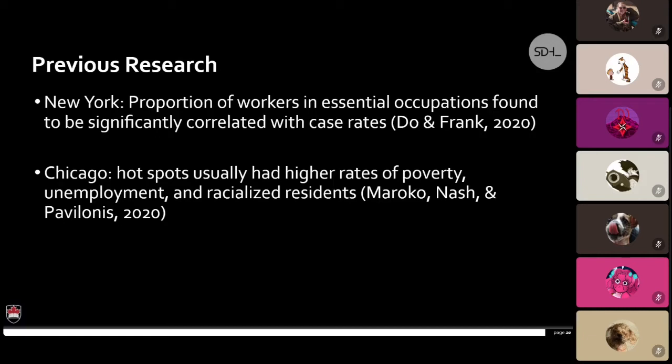Now, one issue with the Chicago study is that looking at racialized residents gives you a really good view of who is more impacted in our society, and it links back to our conceptions of equity for societal outcomes. But it doesn't really tell you why racialized communities are spreading the disease faster, which leads me into my research.